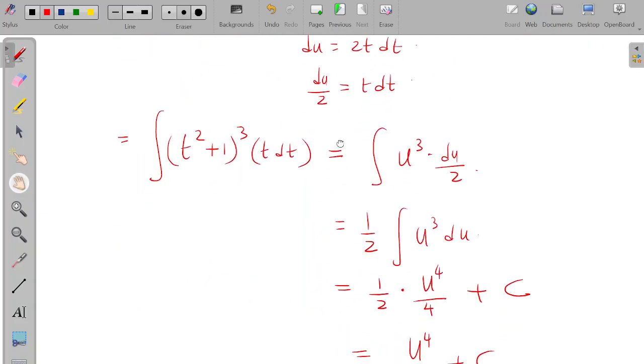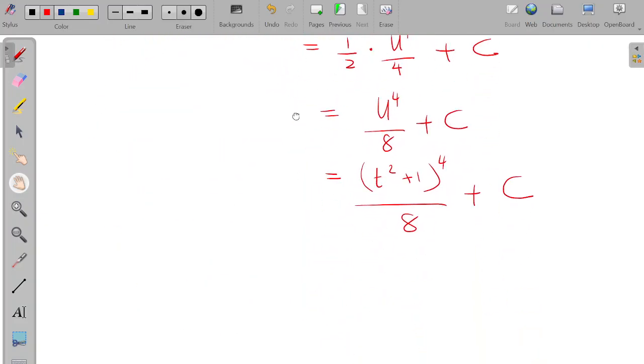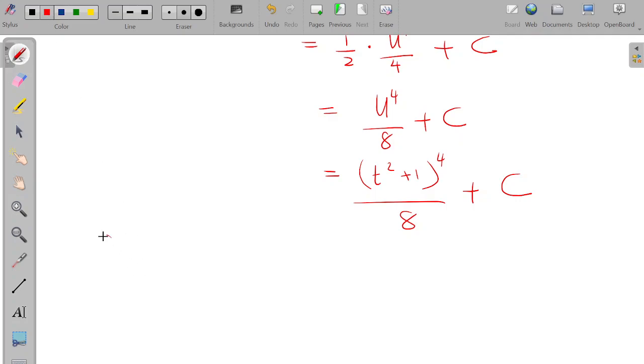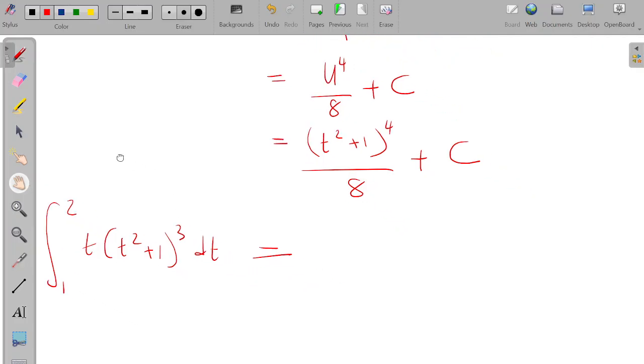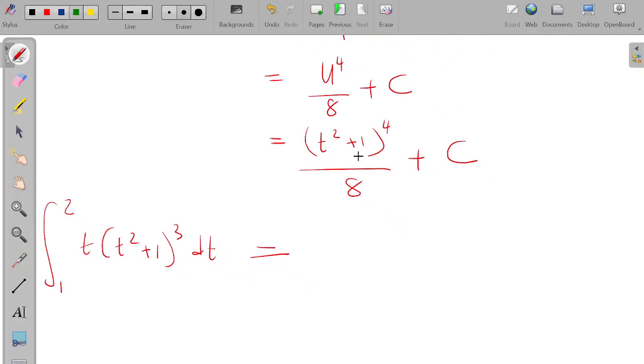So the integral from 1 to 2 of t squared plus 1 raised to power 3 dt becomes, don't forget I've already evaluated the integral, this is the answer, but it will now be from 1 to 2. Don't put the integral sign again.